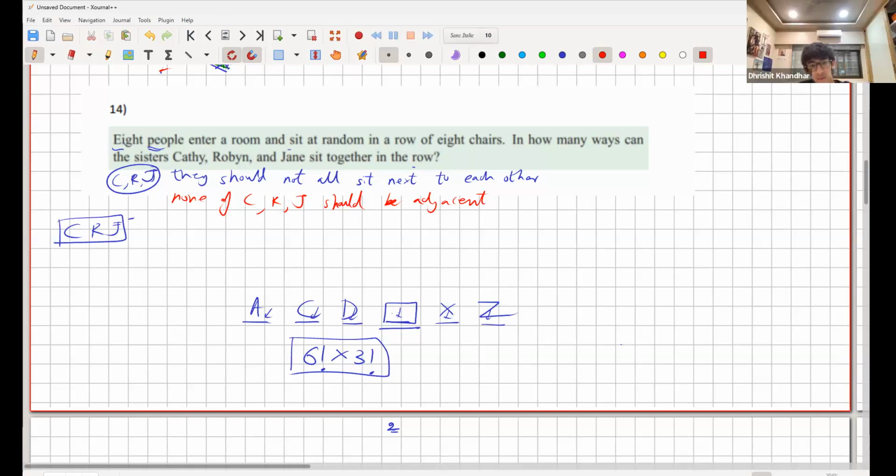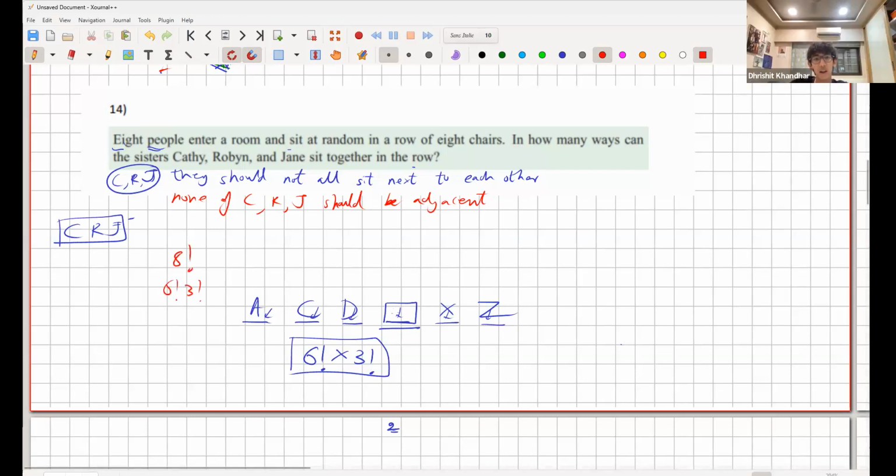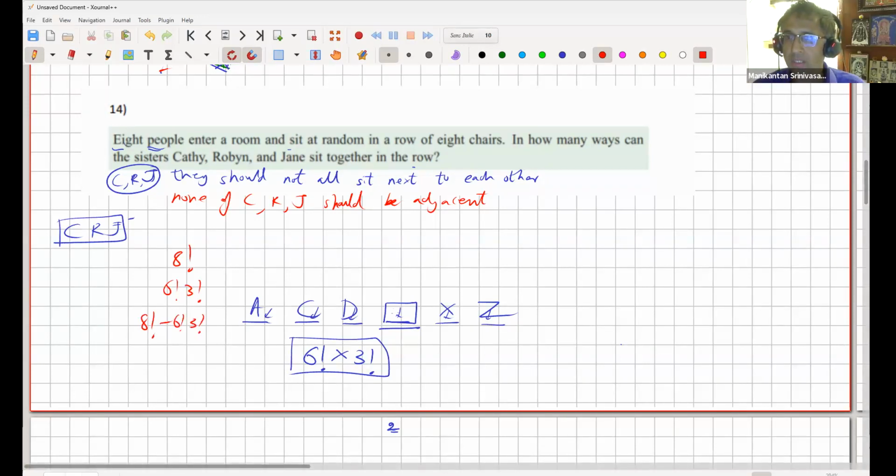Not all together was the total minus 6 factorial times 3 factorial. Now, what are you saying? The total ways was 8 factorial. The one where only 2 are allowed to sit next to each other, but now we don't even want that. Correct.